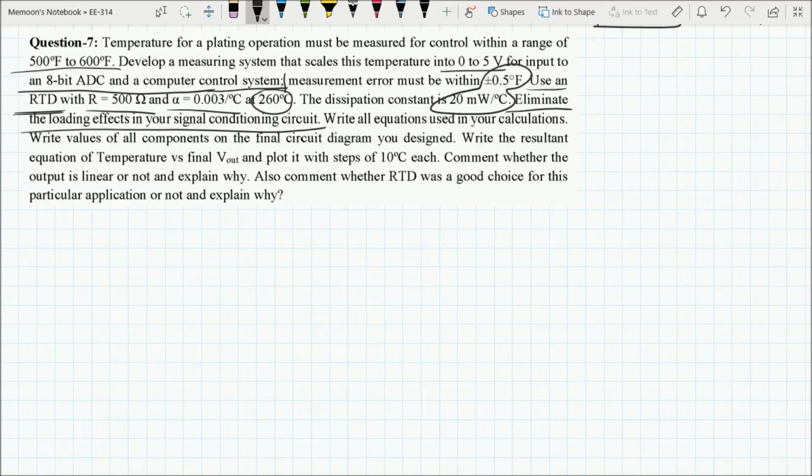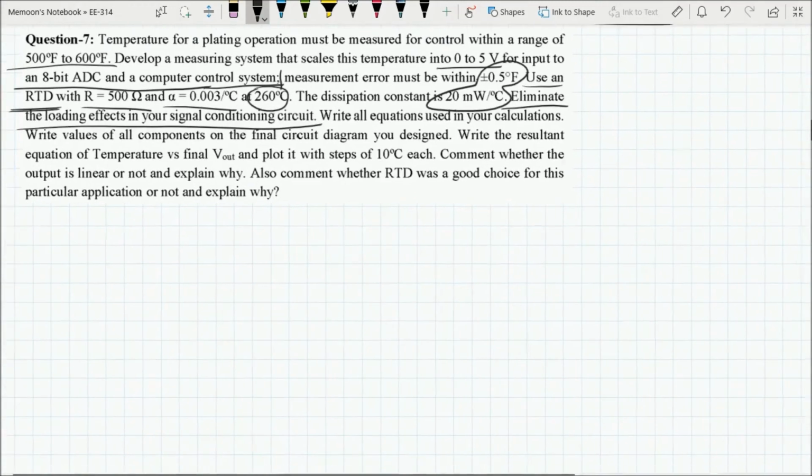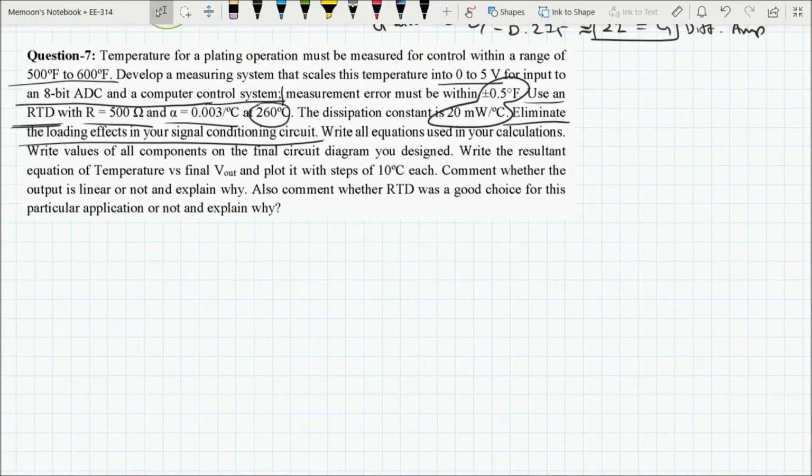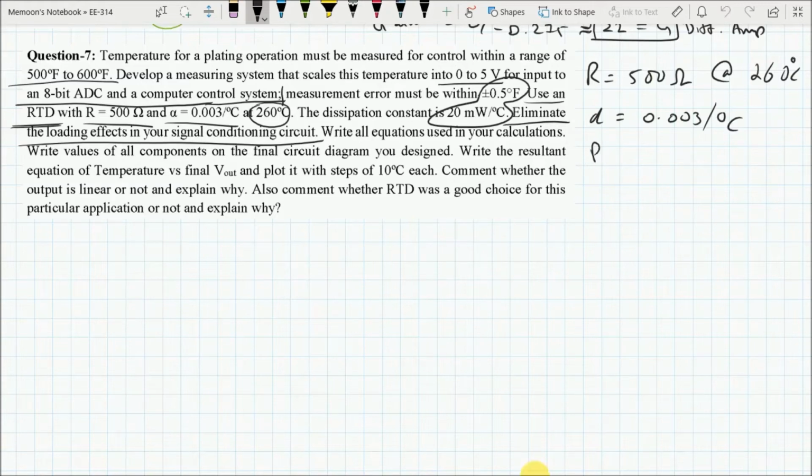So let's get started. First, let's write down the specifications of the RTD we are using. R is equal to 500 ohms at 260 degrees Celsius. Alpha is equal to 0.003 per degree Celsius. PD is equal to 20 milliwatt per degree Celsius.